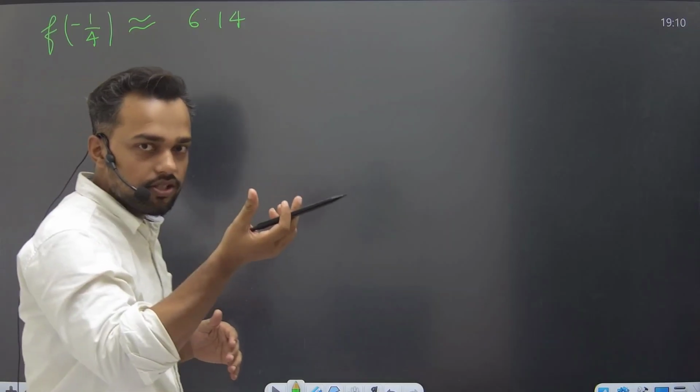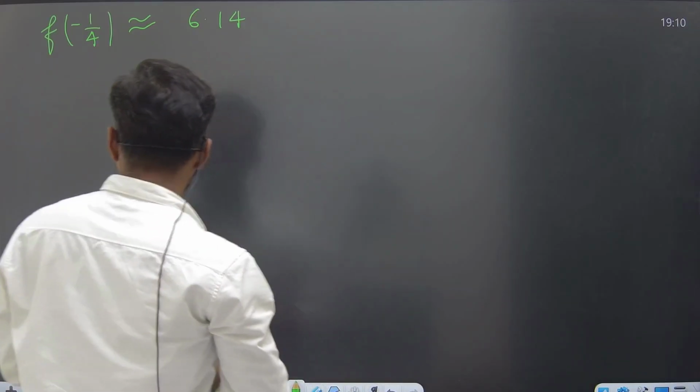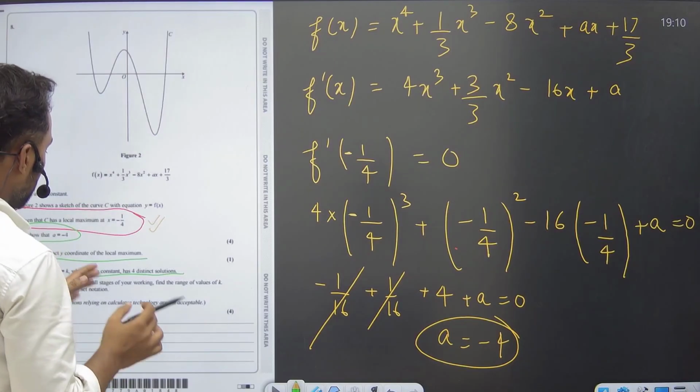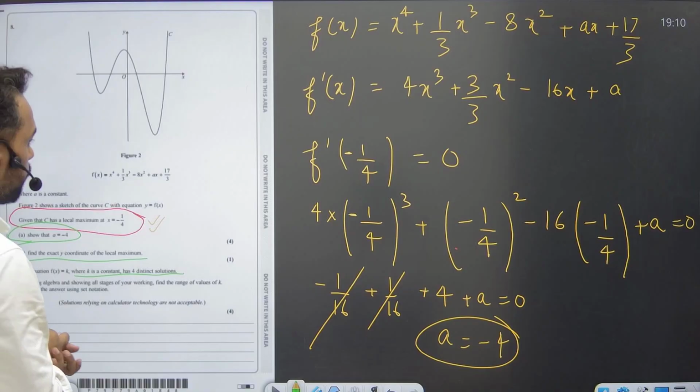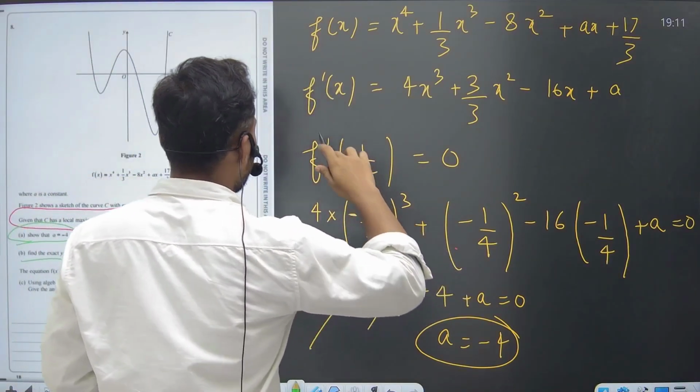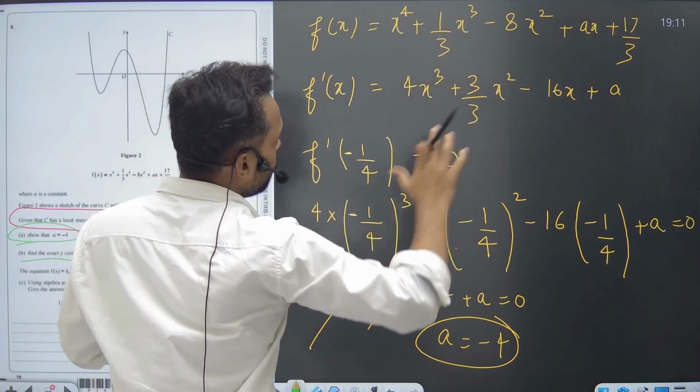It was already mentioned in the question. Now what we need to do, for f(x) equals k, where k is a constant, has 4 distinct solutions. So it has been already mentioned that this particular function has 4 distinct solutions.